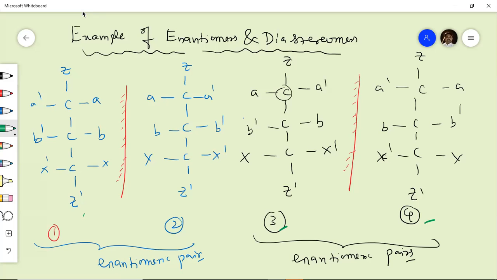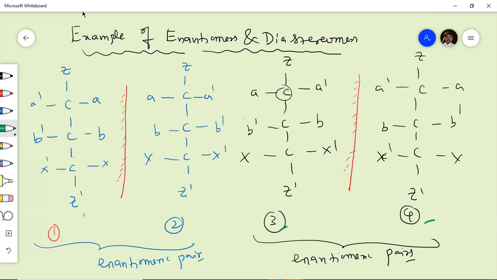However, if you observe the first one and third one, what happens? The first one is diastereomeric with figures 3 and 4. Why? Because we have discussed epimers and anomers.